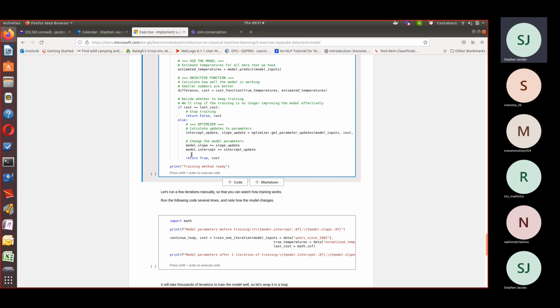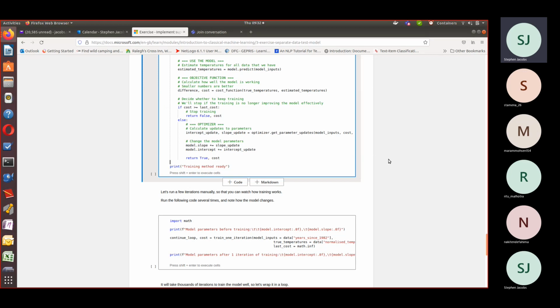So at that point, we want to return true, to say we're still running, and the current cost. And of course, that current cost gets put back into last cost at the end. So we keep going around and around and around.